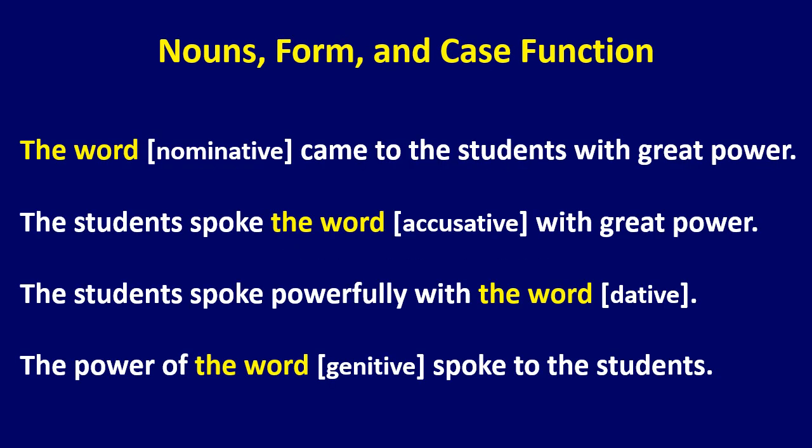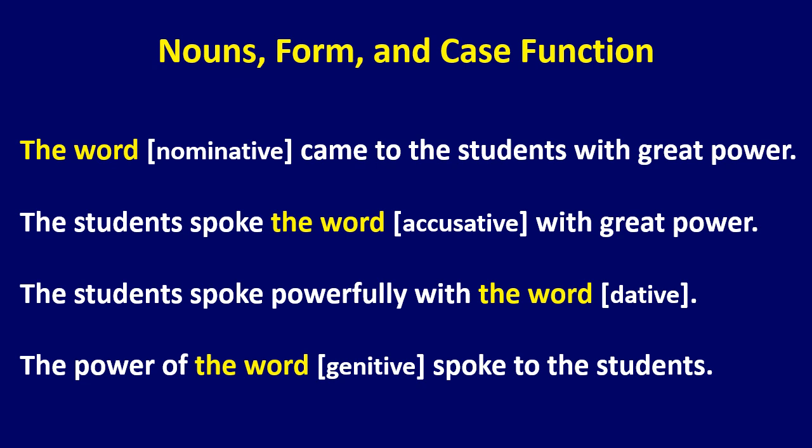In order to understand the case system, let me just introduce here 4 key words: nominative, accusative, dative, and genitive. These are different cases in which the same word, as you see here highlighted in yellow, or the word if you add the article before it, indicates 4 different cases depending on how the same word is used.